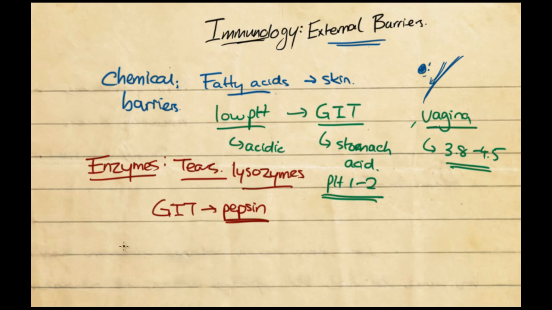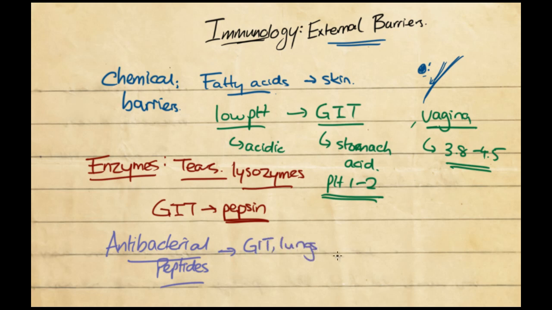And finally, there are antibacterial peptides. And these are proteins that are found in the GIT, the lungs, and on the skin.